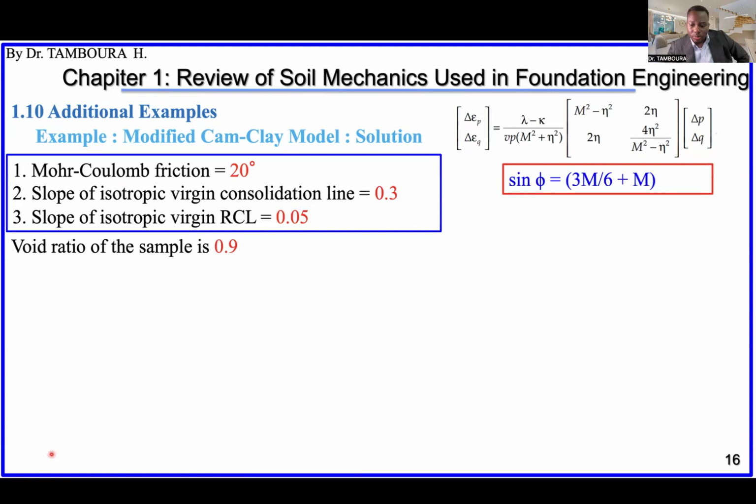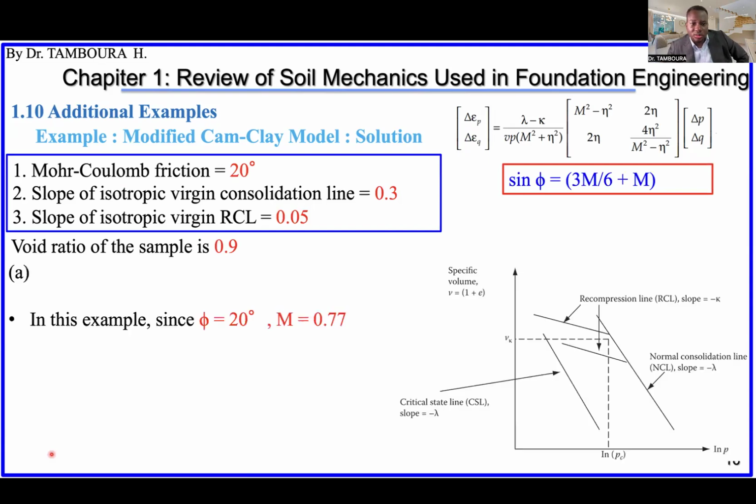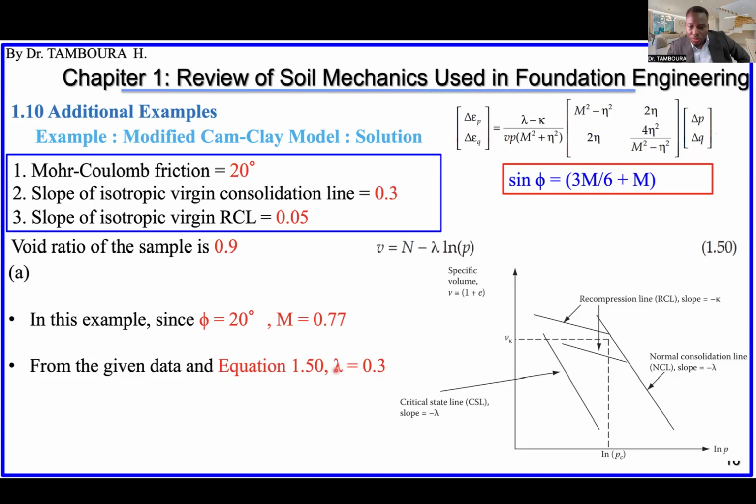So we have then, let's come back, this alpha, or what is lambda, not alpha, lambda. And also we have this kappa here. Okay, this kappa is given here as the slope of the recompression line.